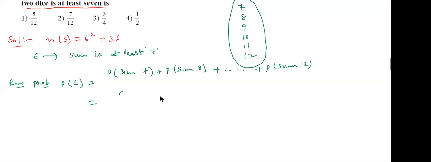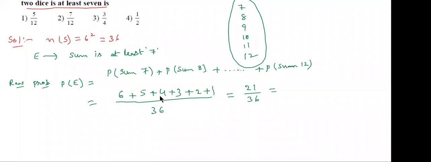Sum of 7 means 6 points possible, then 5, 4, 3, 2, 1, whole divided by n of S, that is 36. Numerator, calculate that: 5 plus 4 is 9, 9 plus 3 is 12, 12 plus 3 is 15, 15 plus 6 is 21. 21 by 36.